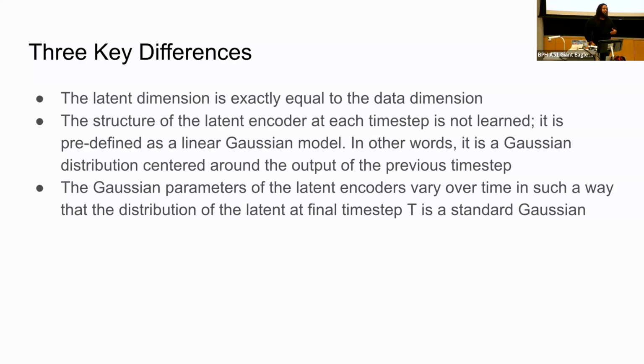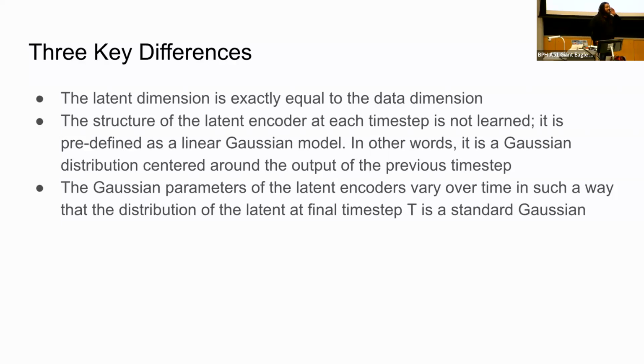It's predefined as a linear Gaussian model. That's going to come in handy later. In other words, it's a Gaussian distribution centered around the output of the previous time step. The Gaussian parameters of the latent encoders vary over time in such a way that the distribution of the final latent time step T is a standard Gaussian.